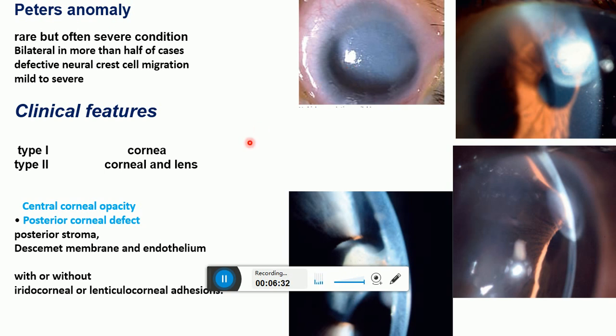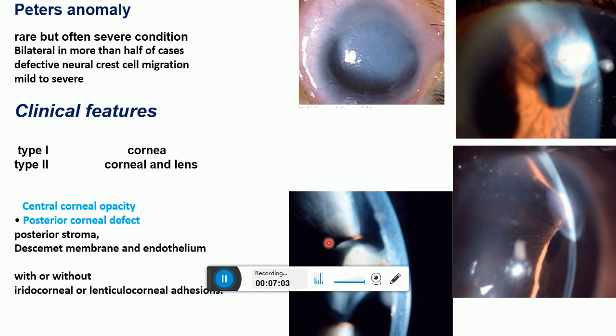Posterior corneal defect involves the posterior stroma, Descemet membrane, and the endothelium, with or without iridocorneal or lenticulocorneal adhesions. As you can see in this picture, there is lenticulocorneal adhesion.